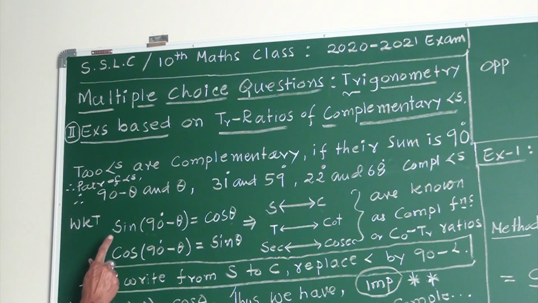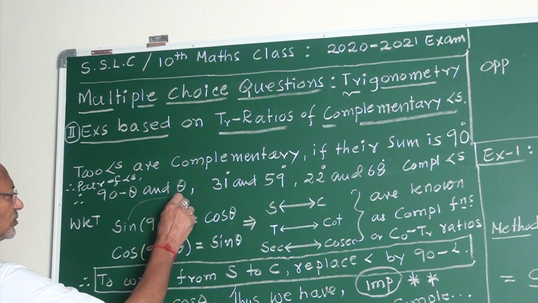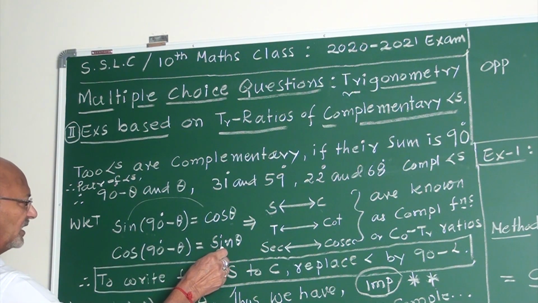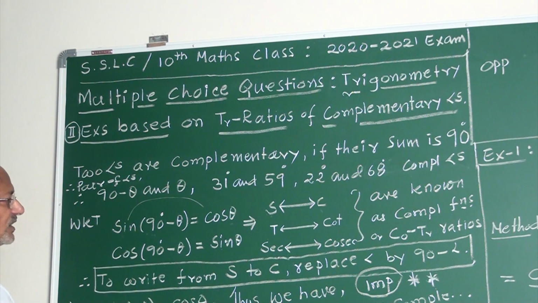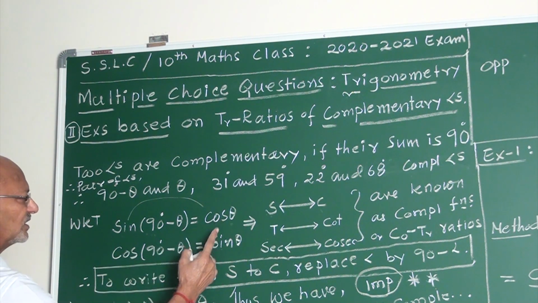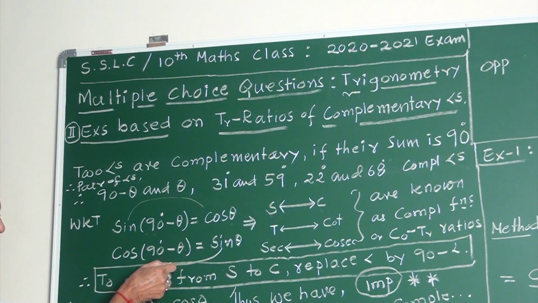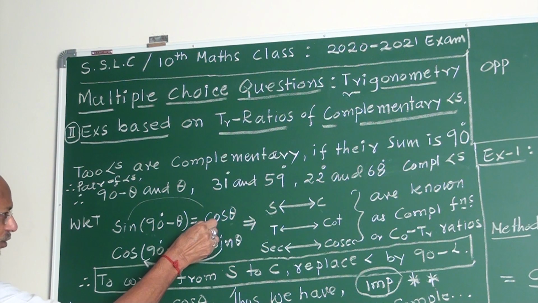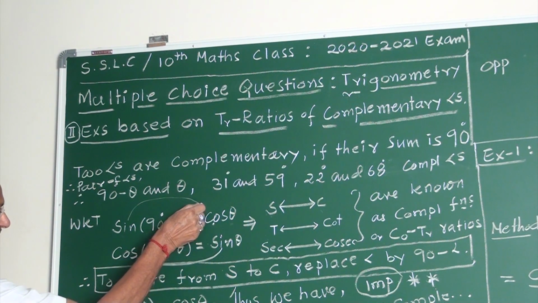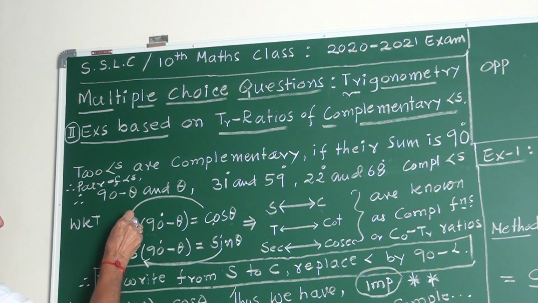From this, what is clear, my friend? To change from sin to cos, or from cos to sin, like this, what is your observation from here to here?